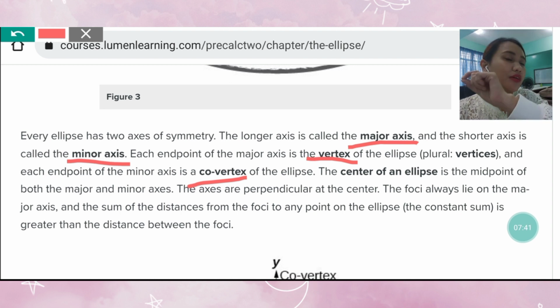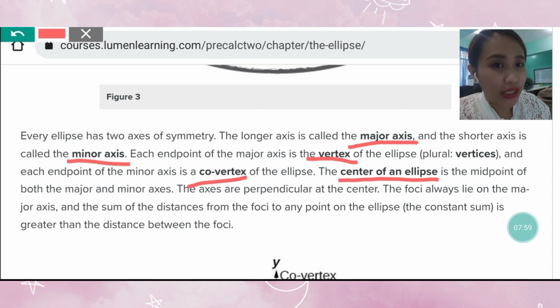So if we have a horizontal major axis, the endpoints are called the vertices. And if we have a vertical minor axis, the endpoints of that are called co-vertices. Now the center of an ellipse is the midpoint of both the major and the minor axis.